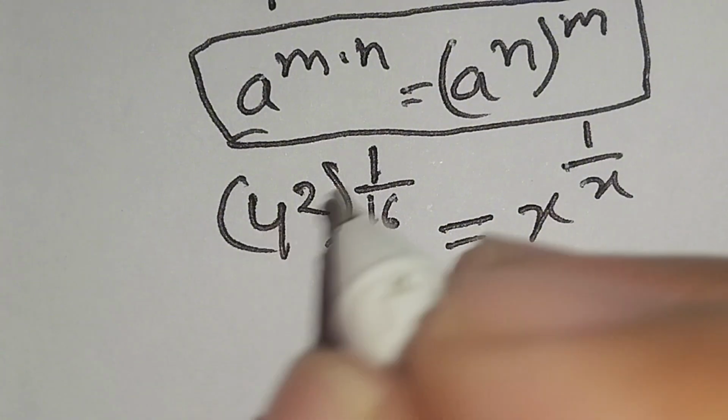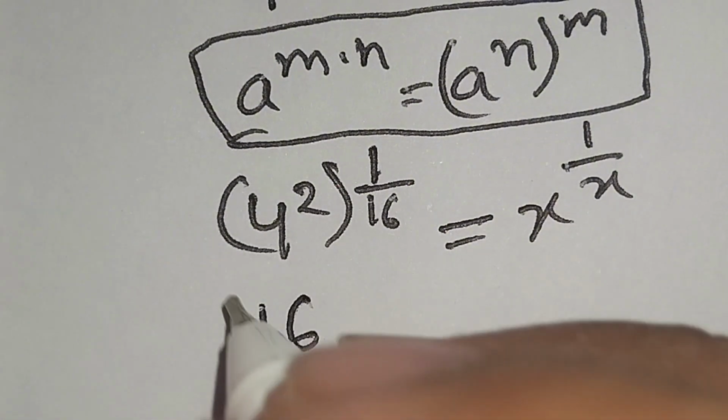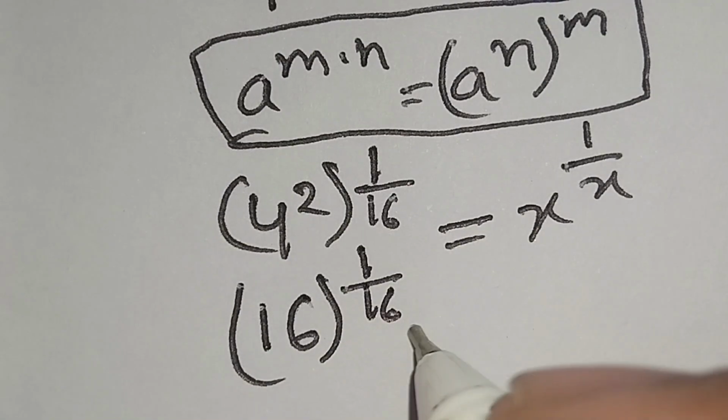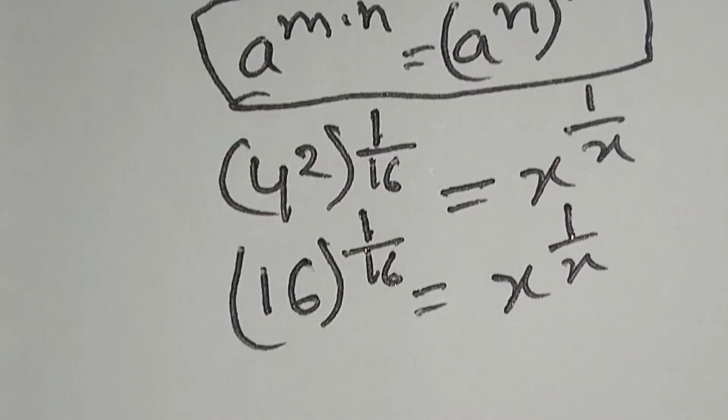Here 4 squared is 16, so 16 to the power 1 over 16 is equal to x to the power 1 over x.